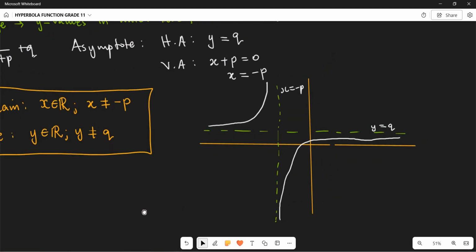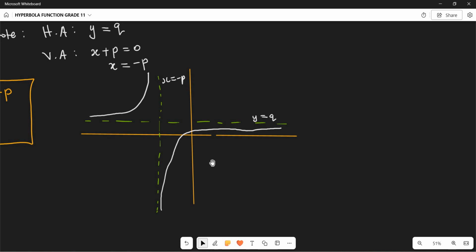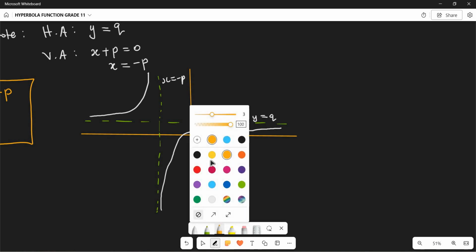Now, on the same graph, there are lines that split the graph into two equal halves. So they more like bisect the graph. They split the graph into two equal parts. These lines, we call them axes of symmetry, or rather symmetry lines. They divide the graph into two equal parts.